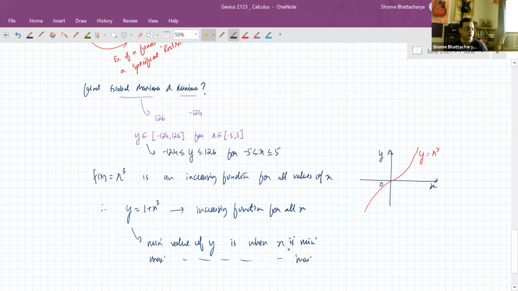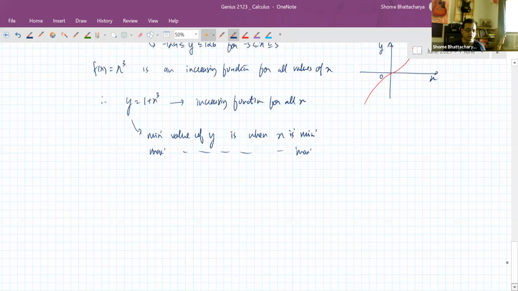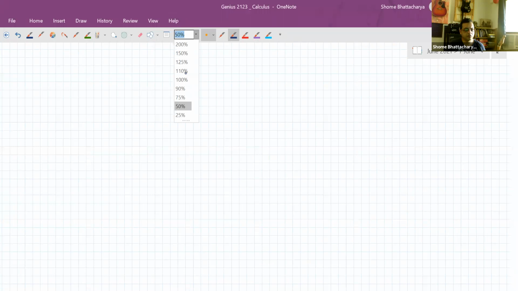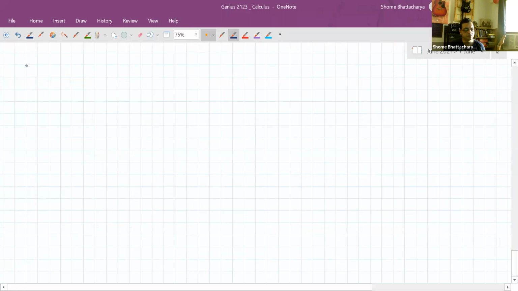Okay. But now obviously, as you can understand, for some functions it's not going to be so simple to find the global maxima and minima. So again, we will come into the analysis of calculus a little bit, how it can make things a little easier. Okay. So for example, now suppose I have a function y is equal to x cube minus 3x plus 2.